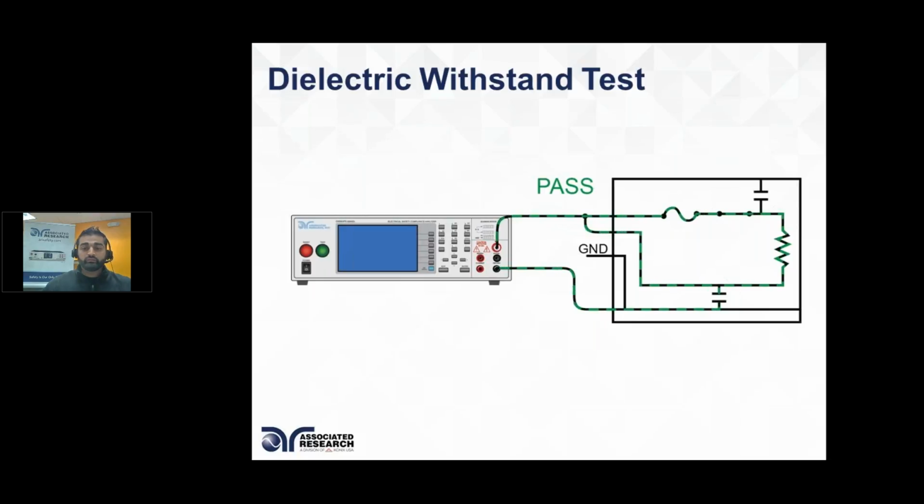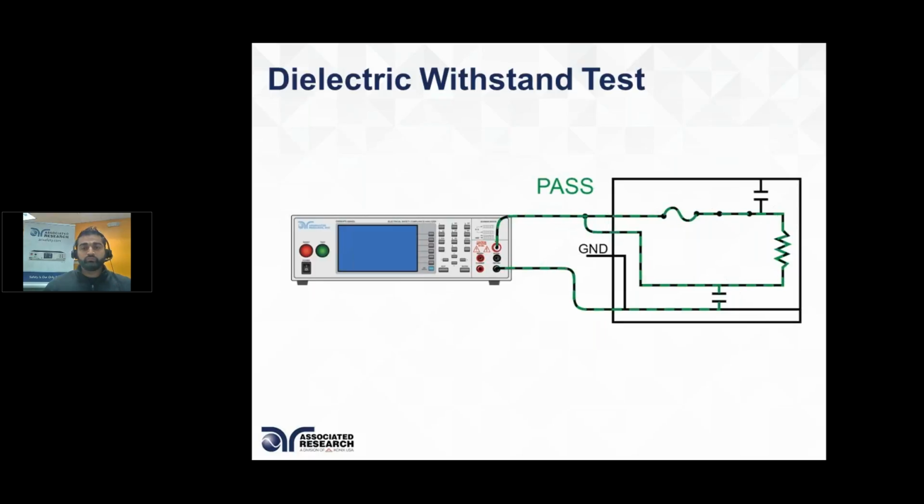So that's why you see the GND connection is to the chassis and also to the ground circuit of the product. Now, line and neutral usually have their own little path, and the resistor represents your product. It could be a heating element, it could be an LED, or it could be any number of devices that are represented by the resistor.